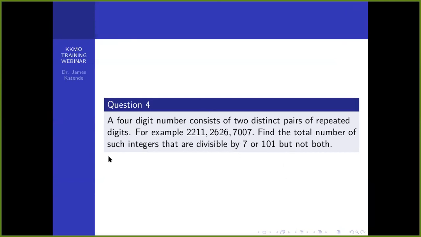The last problem of the day says a 4-digit number consists of 2 distinct pairs of repeated digits. As an example, we can see 2211, 2626, 7007. So this kind of situation.